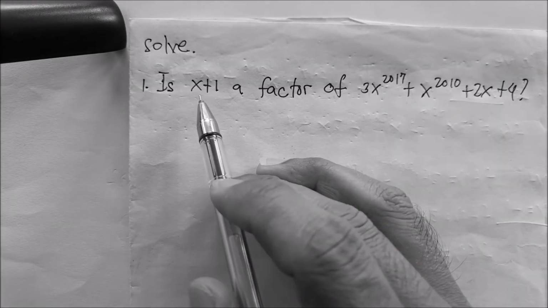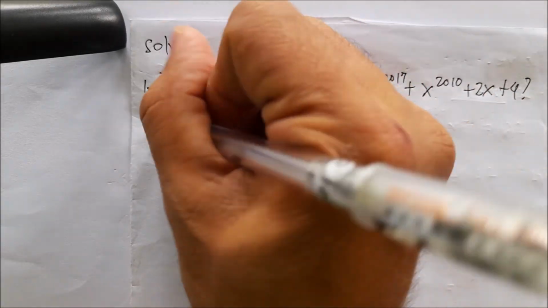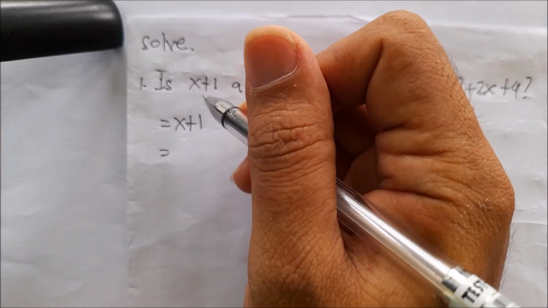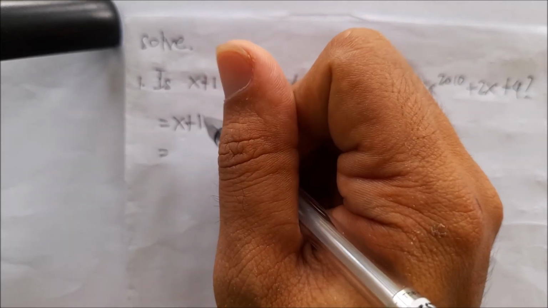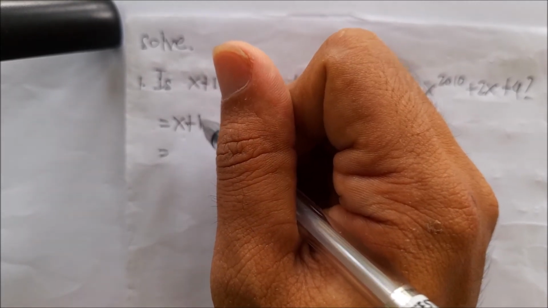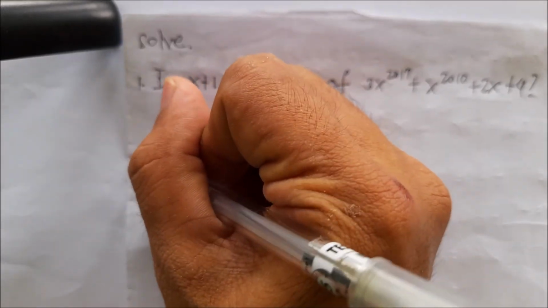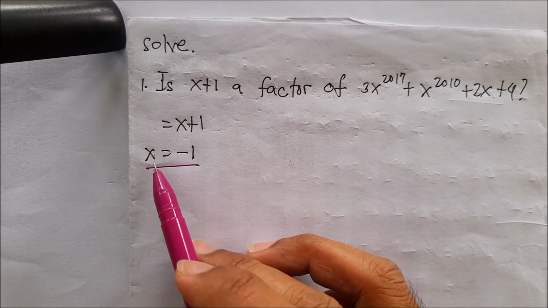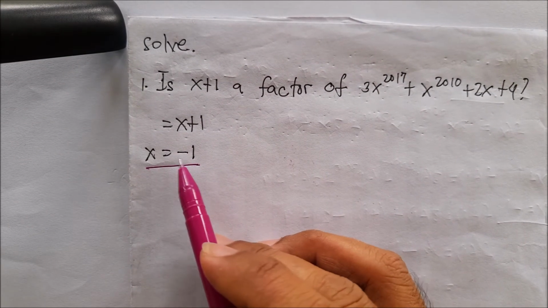Another example. First, you will find the value of x: x plus 1 equals 0. Then transpose the constant positive 1, so x equals negative 1. So the value of x is negative 1.